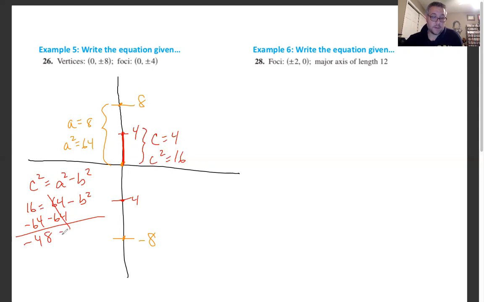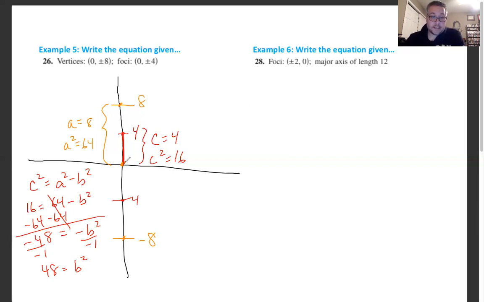Those cancel, and that equals -B squared. Divide both sides by -1, and you get 48 equals B squared. I'm going to stop there because normally you're itching to take the square root, but no, B squared is exactly what we want.